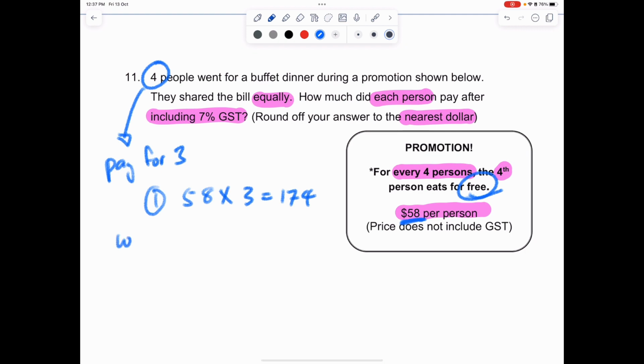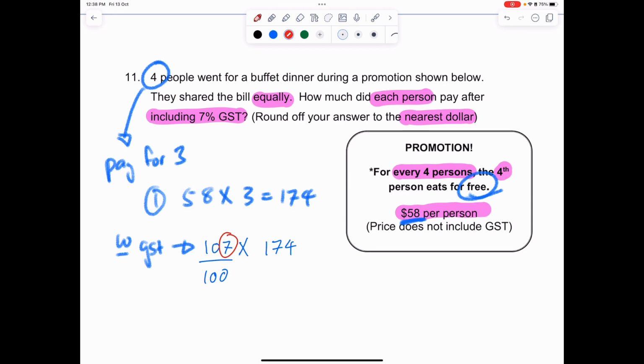Then you have the amount with GST. So don't forget, with GST, we want the real amount now. The real amount is 174, but the percentage that we want in this case is not 7%, it's 107%. Where did this 7 come from?